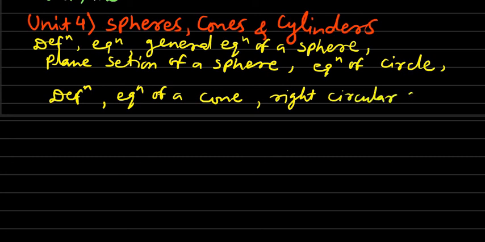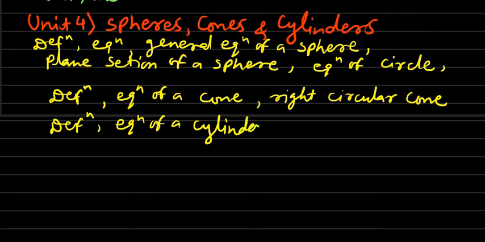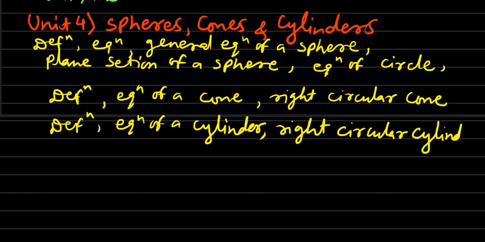Then for the cylinders, again we are going to study the definition of a cylinder, then the equation of a cylinder, and finally the right circular cylinder. So like such are the articles that we are going to study in this paper.